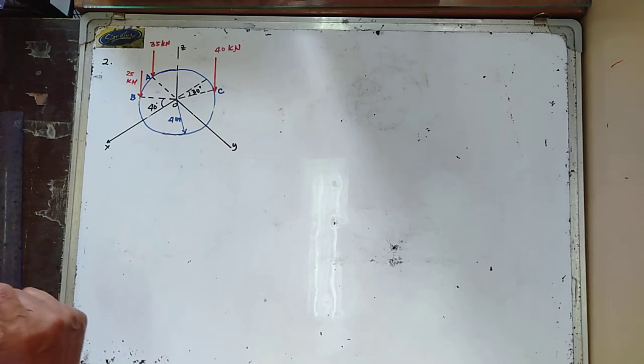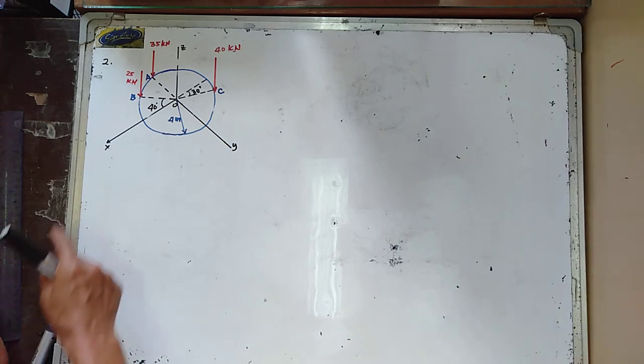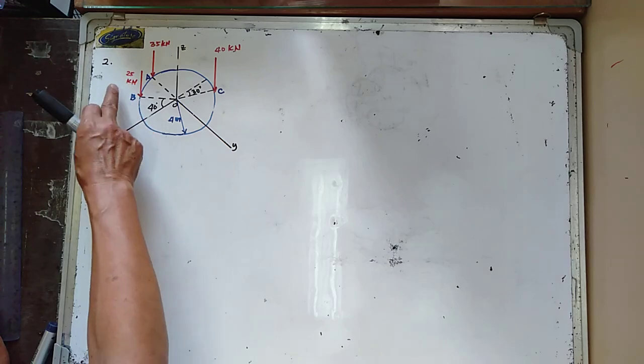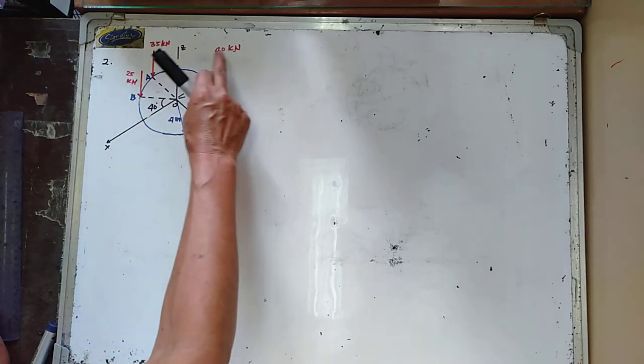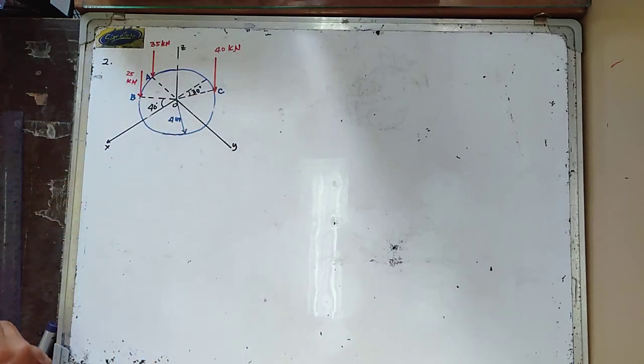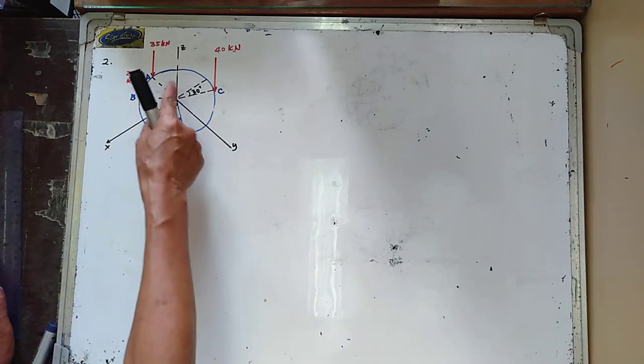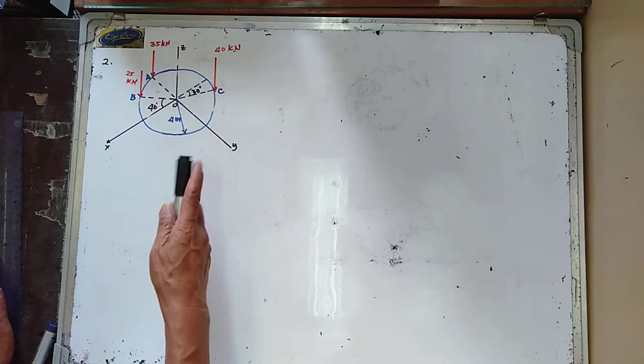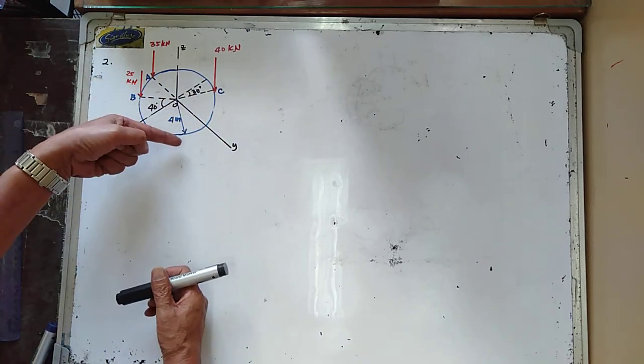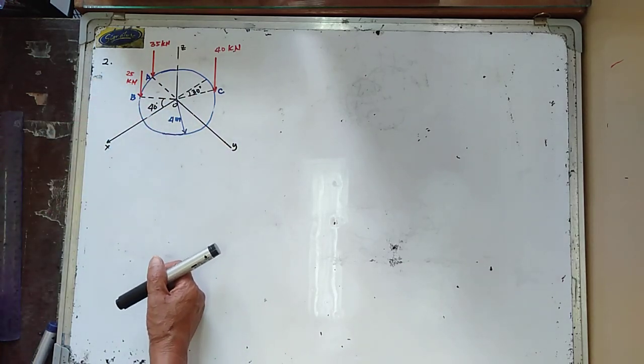We have your x and y coordinates of the point where the resultant of the three forces, 25 kilonewtons, 35, and 40 kilonewtons, crosses the plane. So we have a circular plate, and the radius of the circular plate is 4 meters.